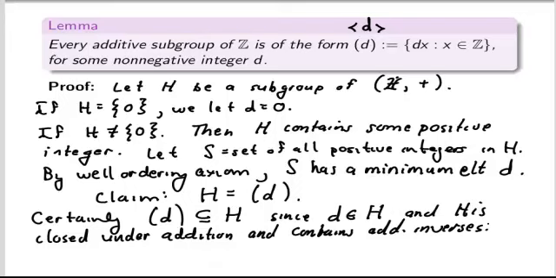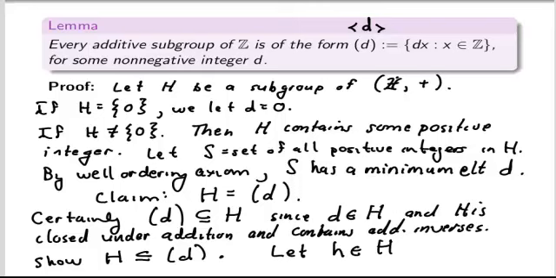The more interesting part is why must every element in H be some multiple of d? Now let's show that H is contained in the cyclic group generated by d. Okay, so let h be an element of H, and I want to show it's a multiple of d.